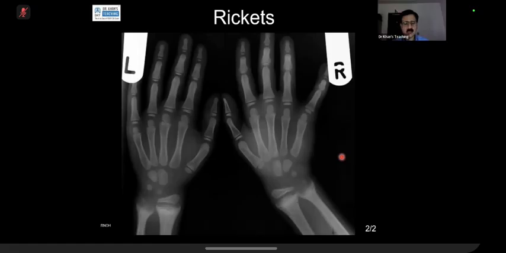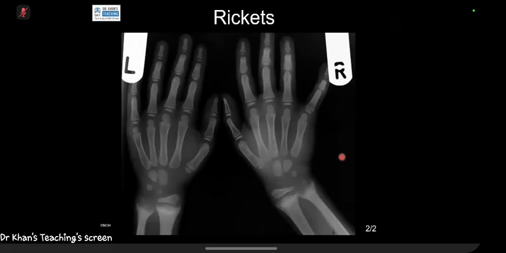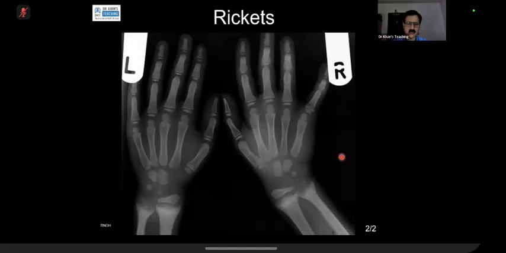If calcium is deficient, then we get rickets and osteomalacia. On the other hand, if osteoid is deficient, then scurvy is an example of osteoporosis. There can be various other etiological factors for osteoporosis, hormonal and so on, but scurvy is osteoporosis, osteoid is deficient. In rickets, calcium is deficient.